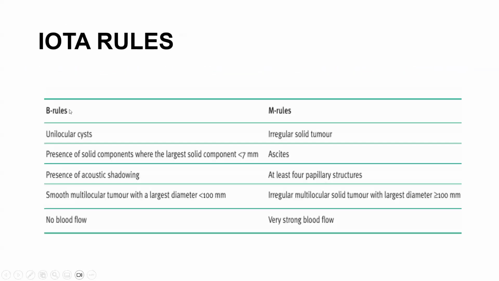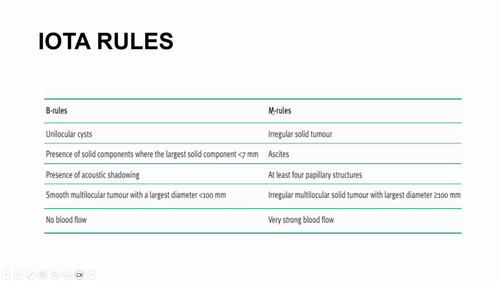So these are the rules, B rules and M rules. B rules are for the benign cysts, and M rules are for the malignant cysts. So when we do ultrasound, we see these features, and then we can estimate the risk of malignancy based on them.